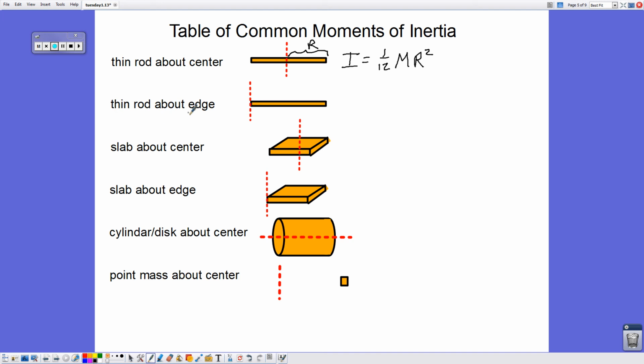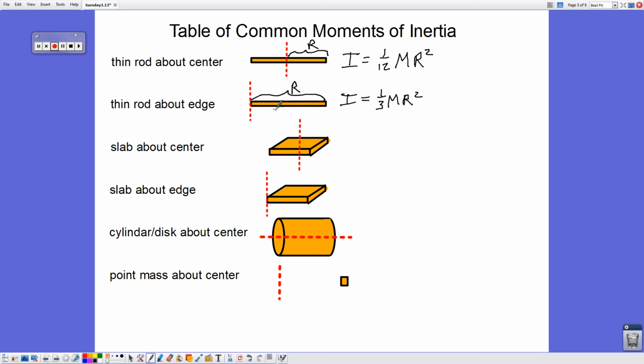If you have a thin rod rotating about its edge, so this would be you twirling a baton in your hands, or swinging a meter stick back and forth, swinging a sword, a baseball bat, something like that, I is going to be 1/3 m r squared, where this is r.